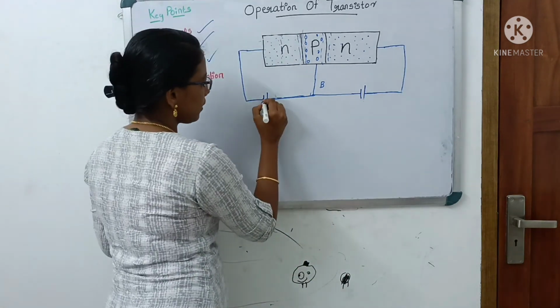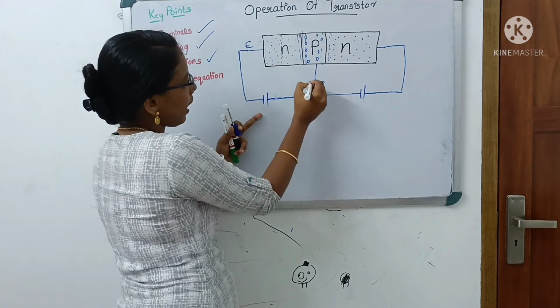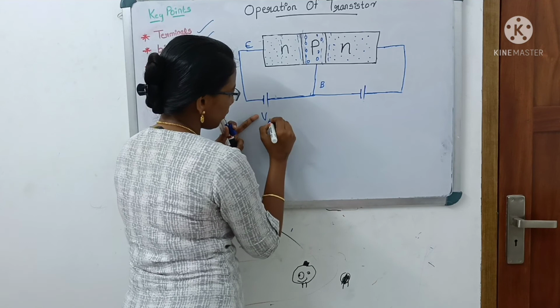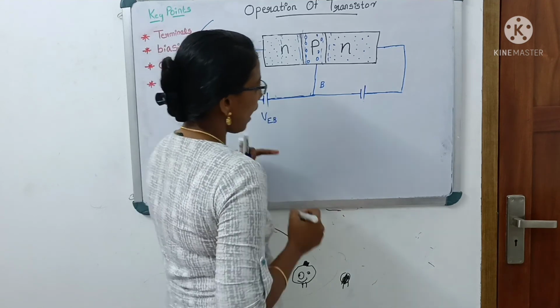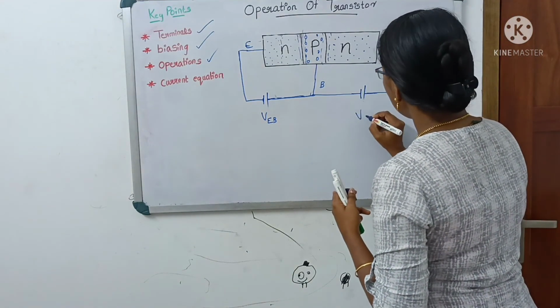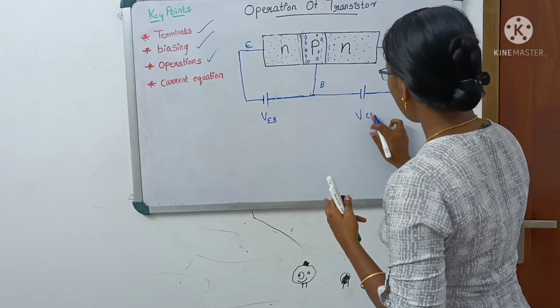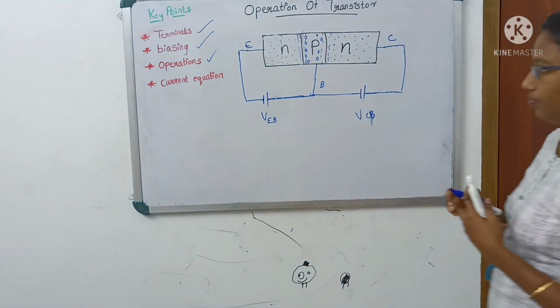So here we are applying a cell voltage across emitter and base. The battery voltage we write as VEB, and here we are connecting the voltage VCB, applying the voltage across collector and base, isn't it?